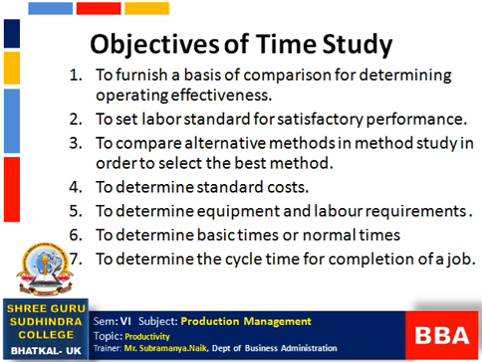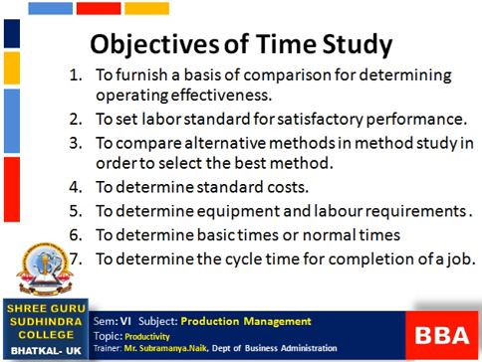In that period of time, how much cost is involved, how many expenses are involved. Because if any worker is working from 8 o'clock in the morning to 10 o'clock at night, then their salary should also reflect that. So we have to think in that direction. Time study is very helpful for determining standard cost.